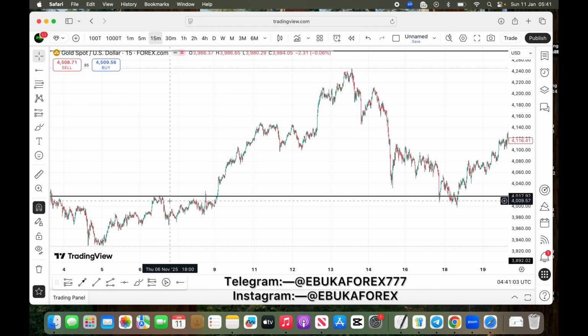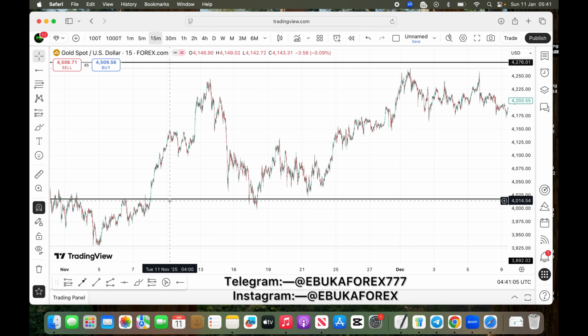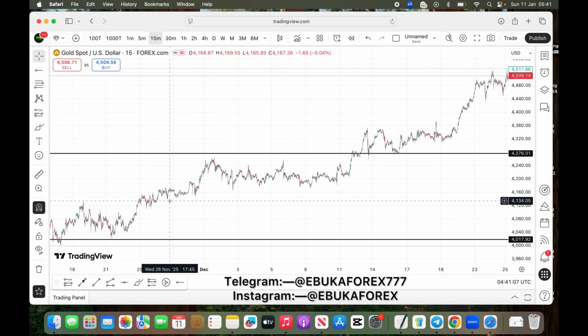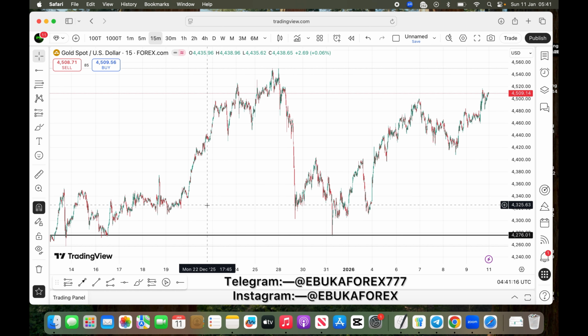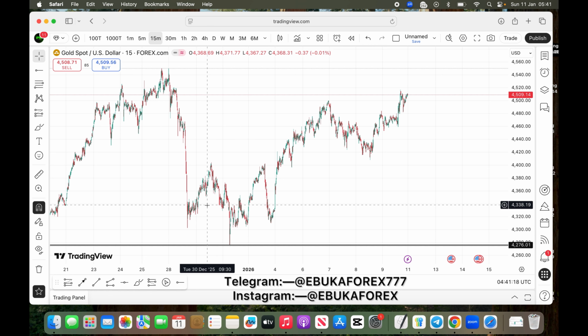So you need to understand that the major key levels in the market will help to understand the liquidity that must be filled in order to fulfill the order of price delivery.